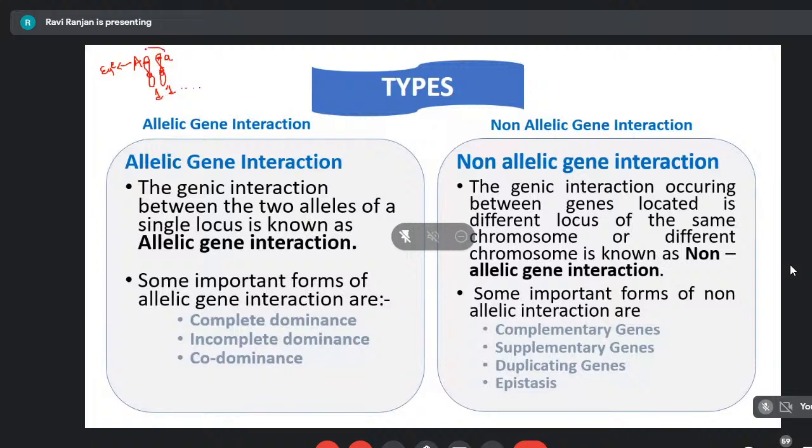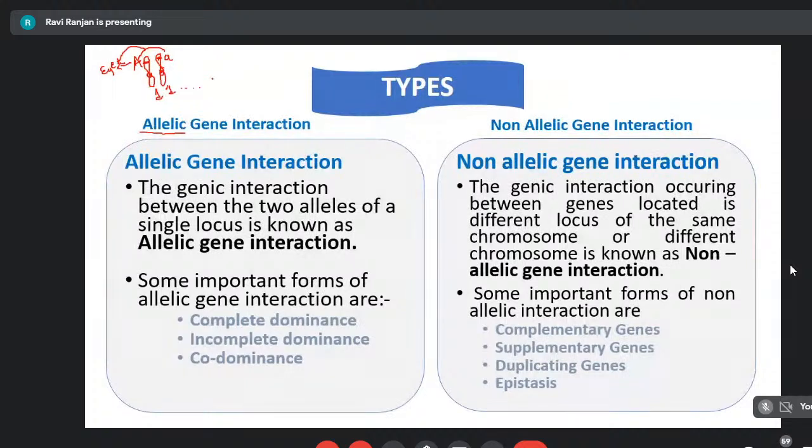When the interaction between these two genes gives me some character, such interaction between two alleles located at the same locus of homologous chromosomes is known as allelic gene interaction, because we all know that alleles are the alternative forms of genes located at the same locus of homologous chromosomes.